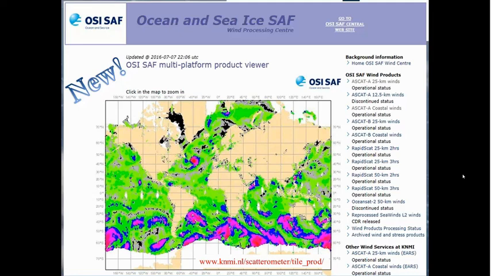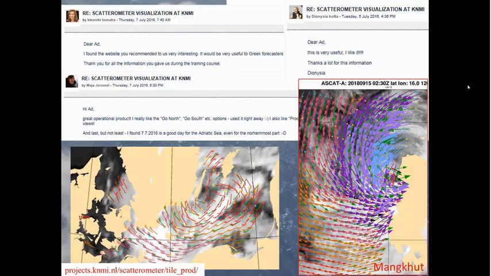So this is an example of how these winds look. Here you see something in the Denmark Strait. You see reddish flags. These reddish flags are the spectrometer wind field, but you also see green flags. The green flags are the winds computed from the ECMWF forecast.